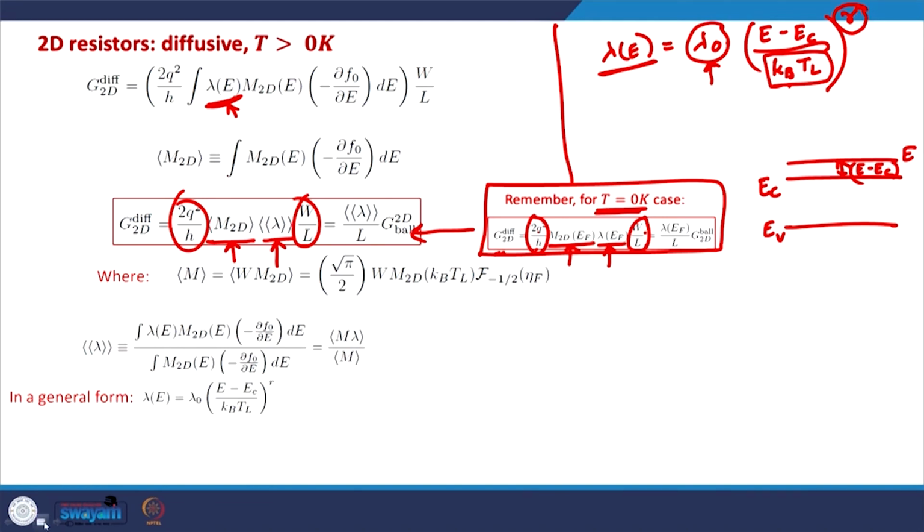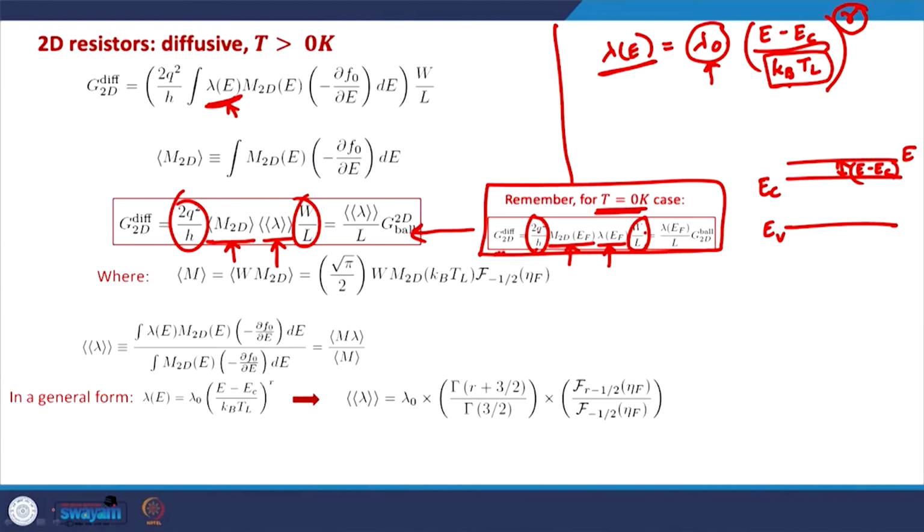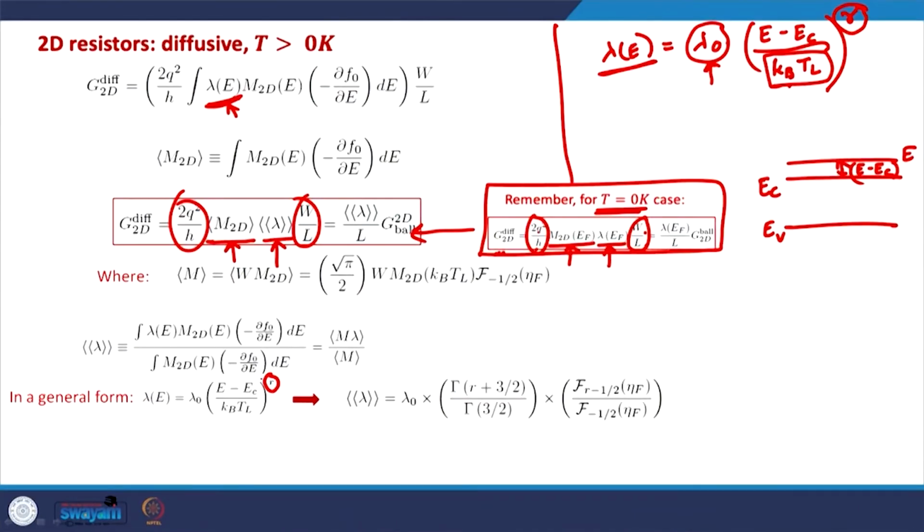For example, scattering can happen because of phonons, the lattice vibrations, or because of interaction with an external electromagnetic field, or impurity atoms, ionic impurities inside the crystal, or maybe surface atoms. So there are multiple kinds of scattering mechanisms, and r depends on them.